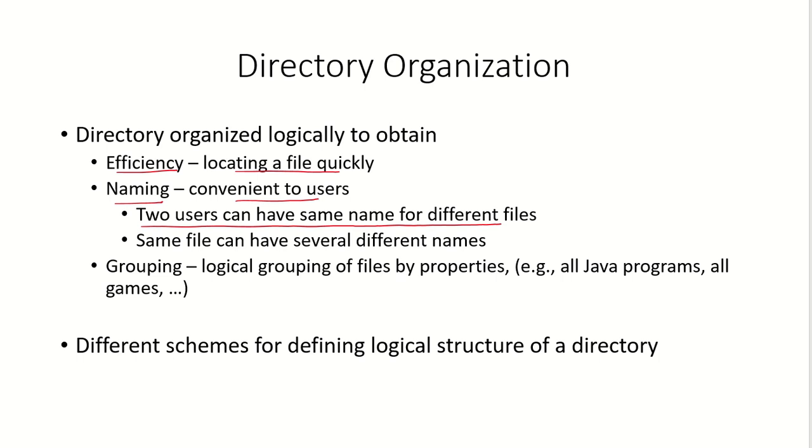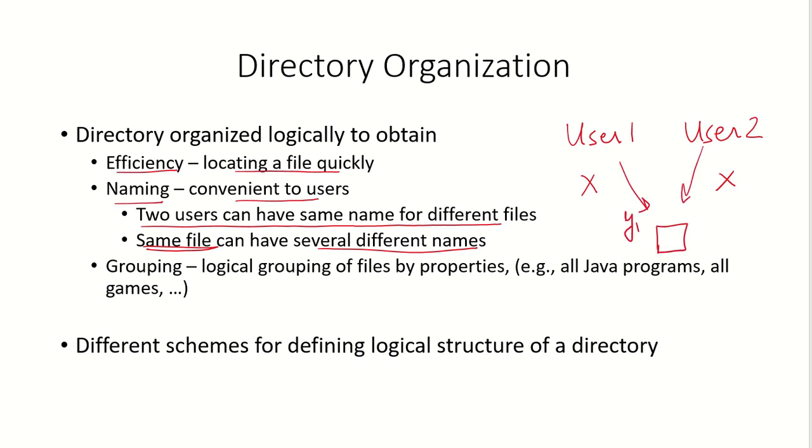Like user 1 can call its file, let's say, X, and user 2 can also have the same name X but for another file. Or the same file can have several different names. If there is one file, user 1 may like to call it Y1, user 2 may like to call it Y2. So the same file can have several different names, and for different files the users can have the same names as well.